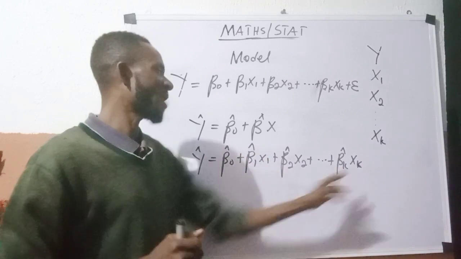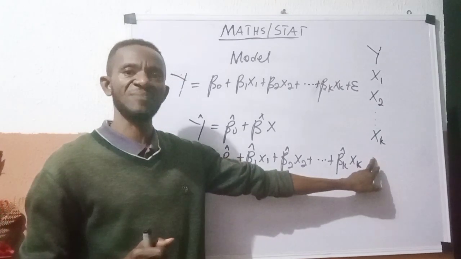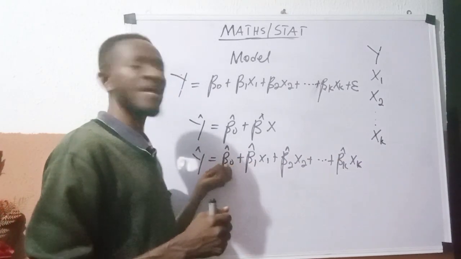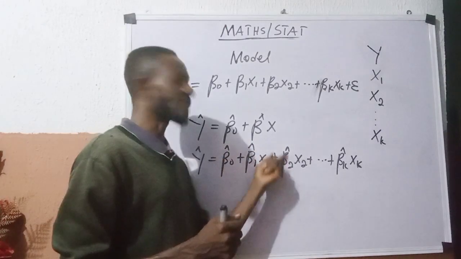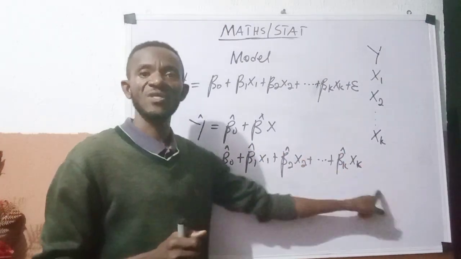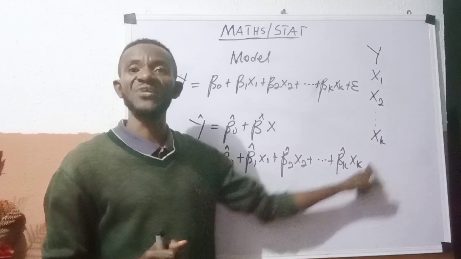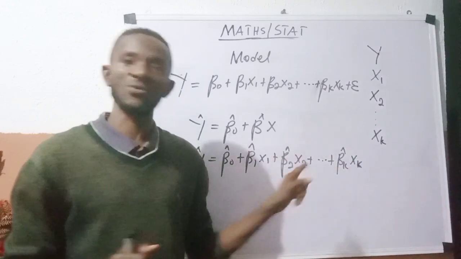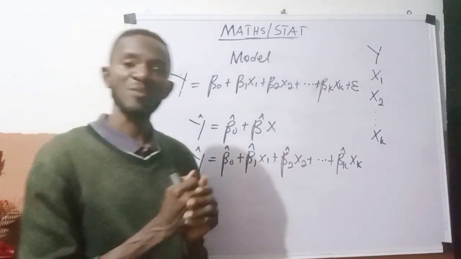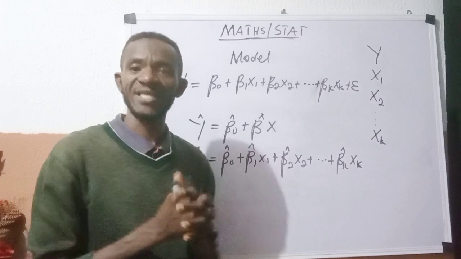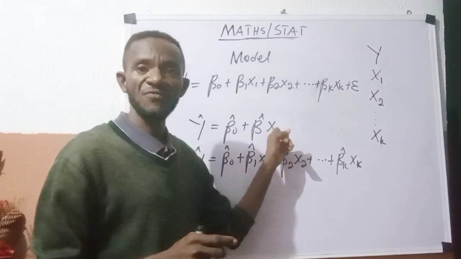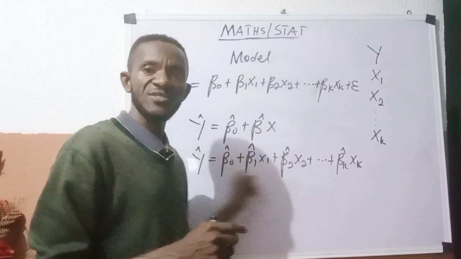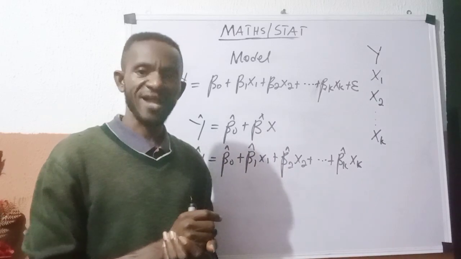Like I earlier said, we are no longer talking about the error term, because in the course of estimating beta 0, beta 1, beta 2 down the line, that method of estimation brings the error term to 0, and it is removed from the model. That is the equation for simple linear and the equation for multiple linear regression.